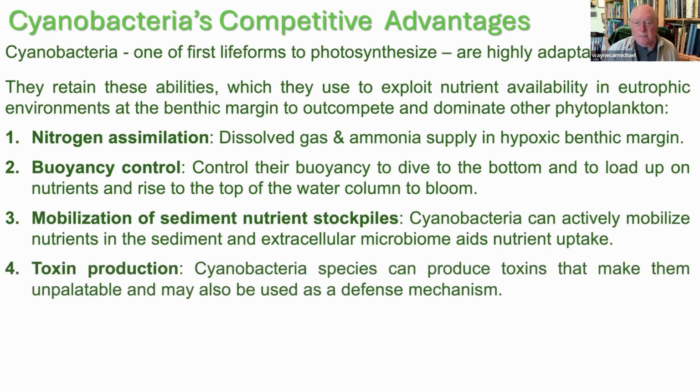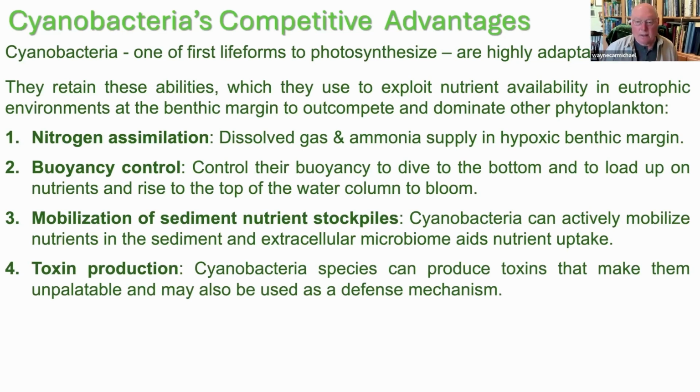And of course, what has been driving lots of the research is the toxin production, the recognition that these organisms, especially the planktonic ones, produce very potent toxins that affect animal and human health and certainly affect drinking water supply and use and even recreational use.